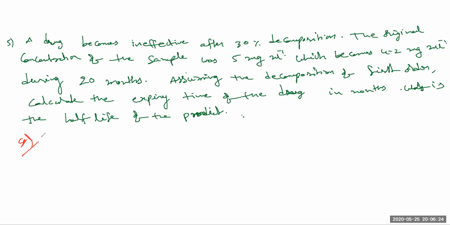By that, we first find the K value, and then using that K in the first order rate constant equation, calculate the expiry time for 30% and tell the answer. Apply the calculator and solve it.